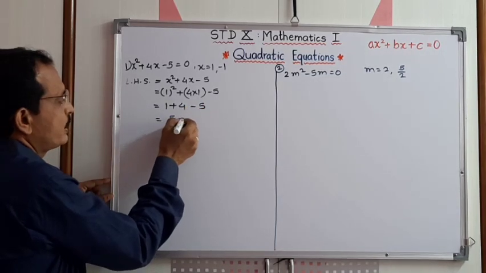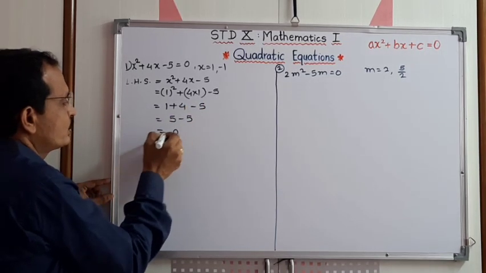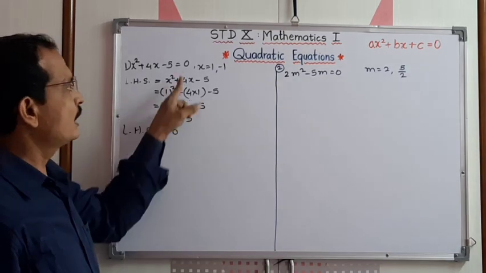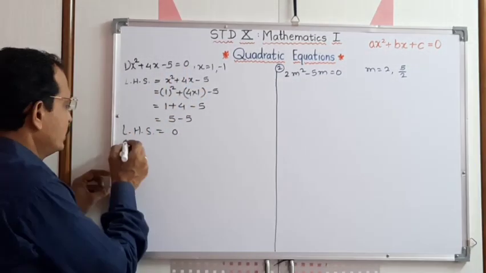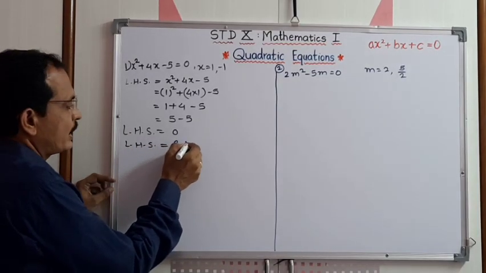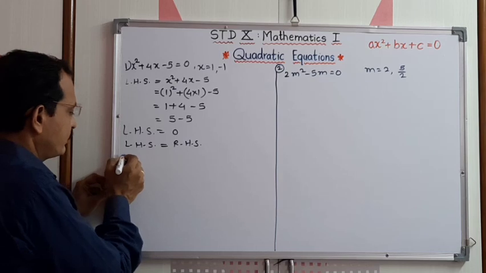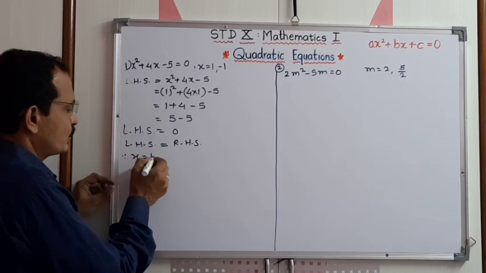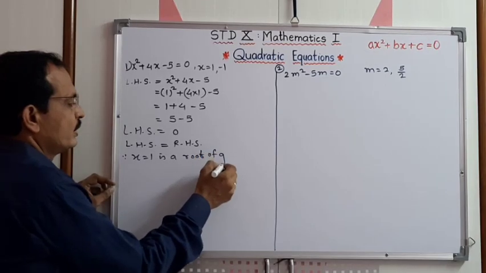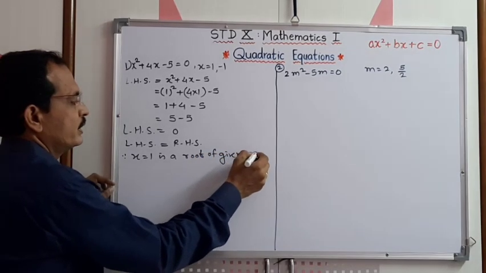It is plus 5 minus 5 equal to 0. LHS is 0. RHS is also 0. Therefore, we write here LHS is equal to RHS. Therefore, x is equal to 1 is a root of given equation.